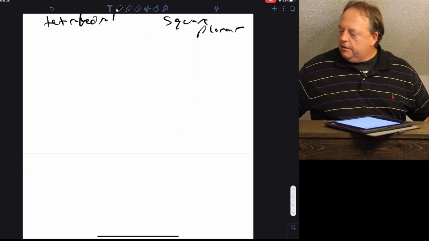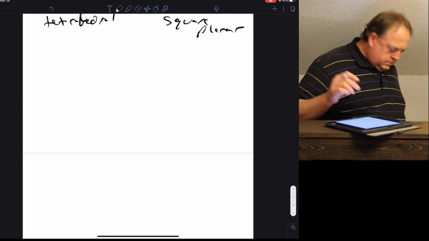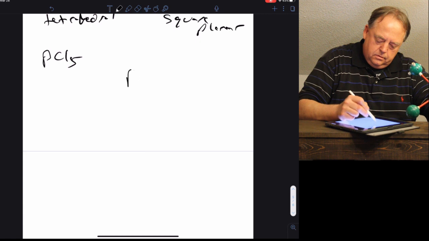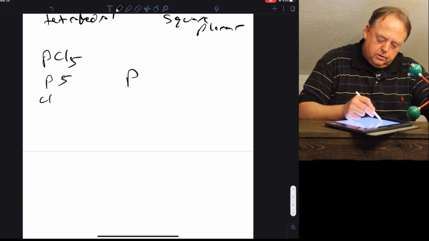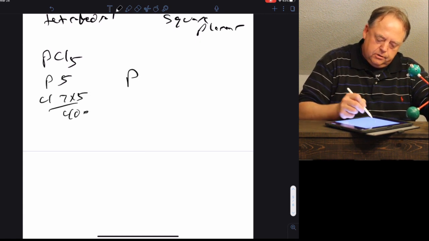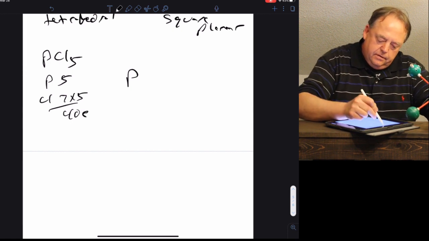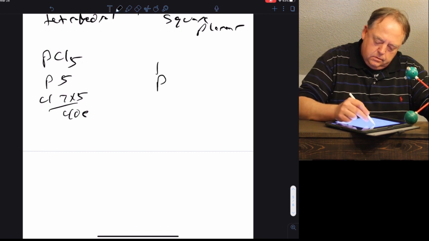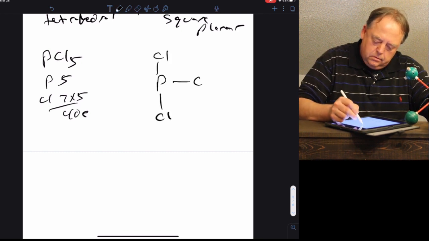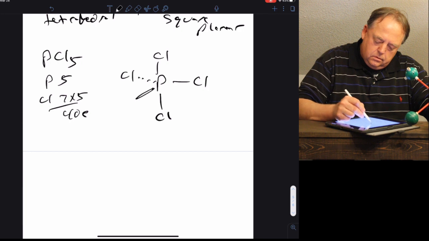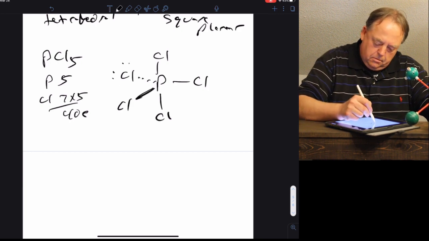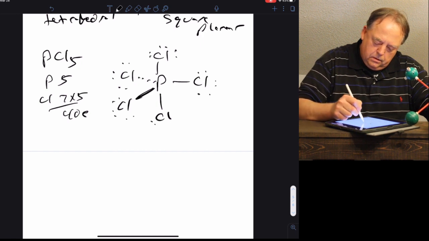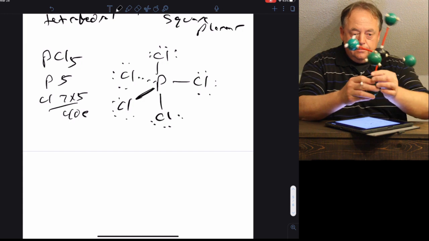Okay, so what if you had 5 things on the central atom? Like PCl5. So phosphorus with 5 valence electrons, chlorine with 7, so that's 40 electrons. So if we drew PCl5, it looks like that.